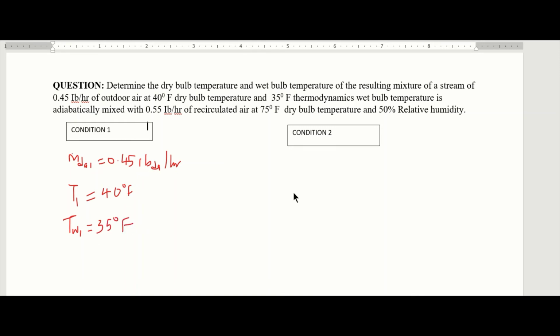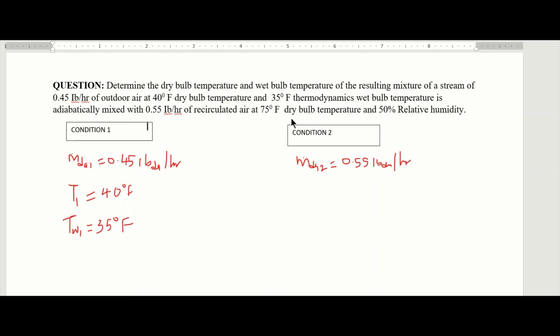Okay, so this is adiabatically mixed with 0.55. Here is the second air stream, so we call it the mass flow rate of dry air for condition 2, which is 0.55 pounds of dry air per hour.